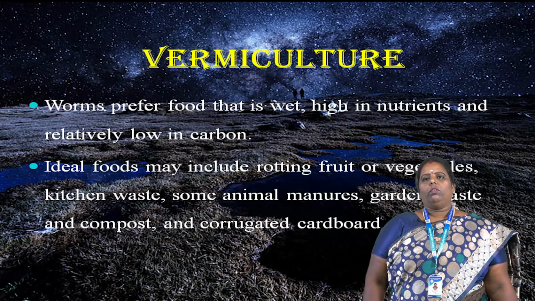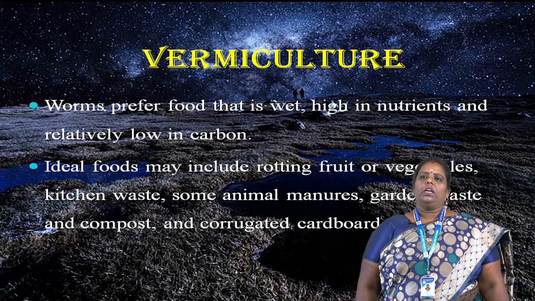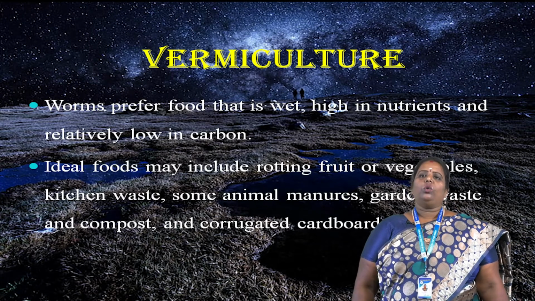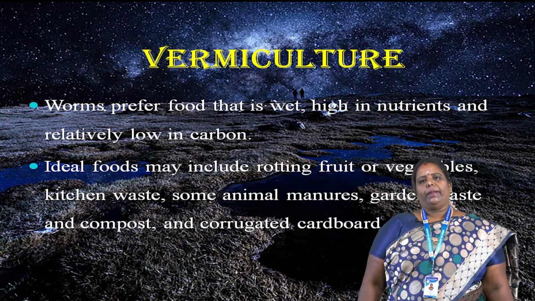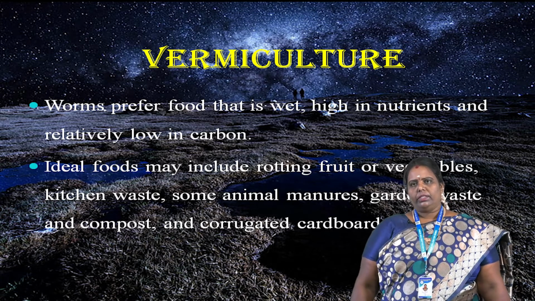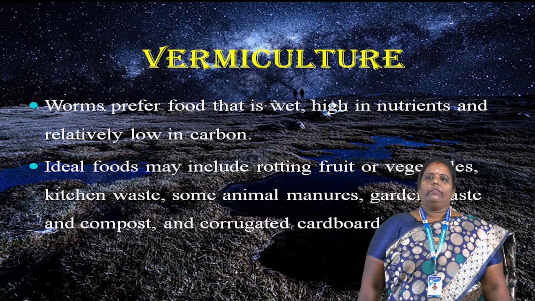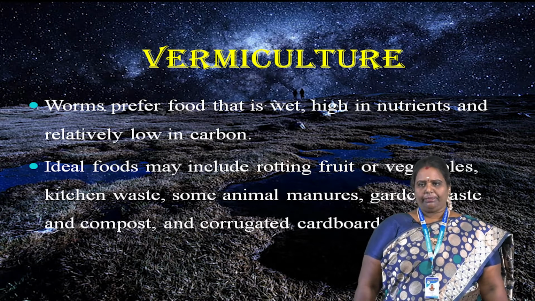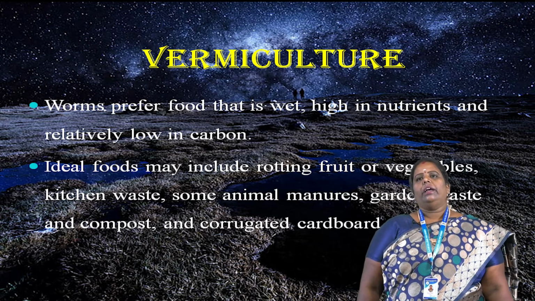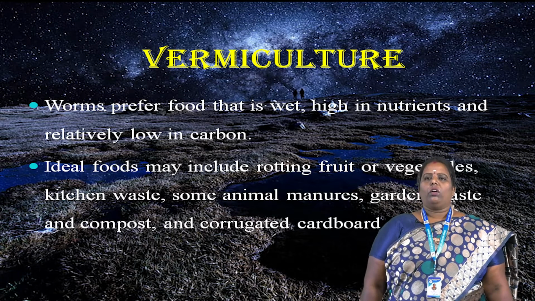Next, the worms prefer food that is wet, high in nutrients and relatively low in carbon. What food materials do earthworms take in? Wet, high-nutrient and low-carbon food. Plant material high in carbon, or any such material, they cannot eat, so they avoid it.